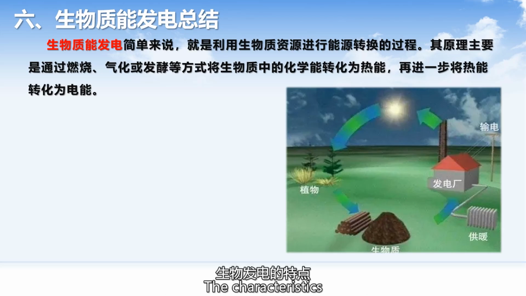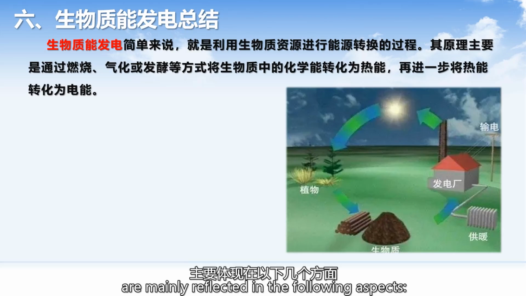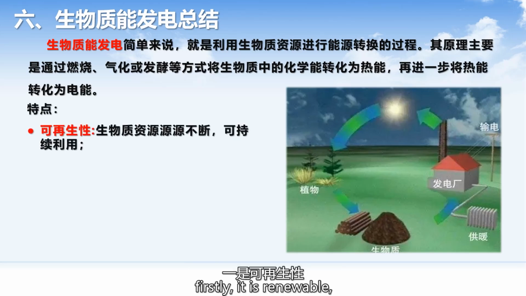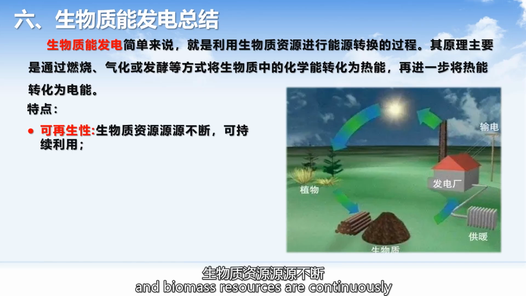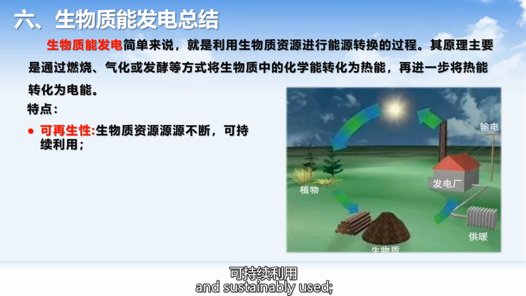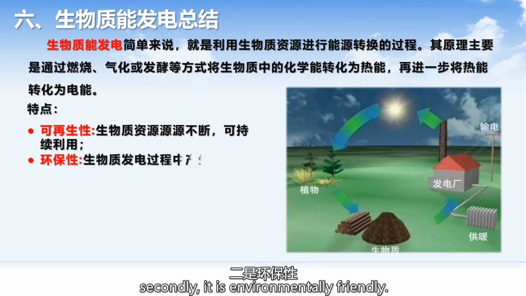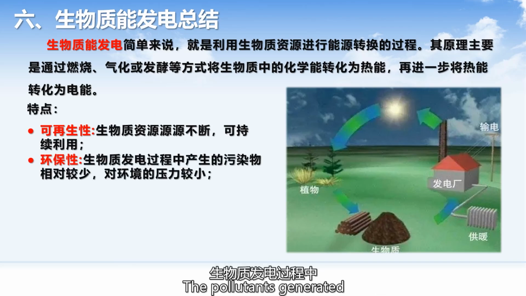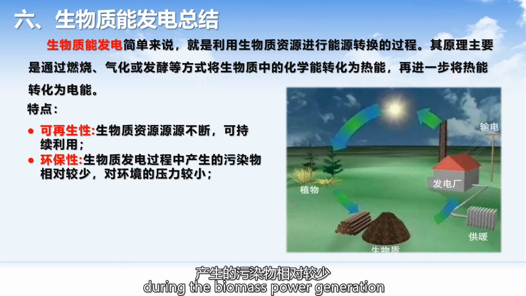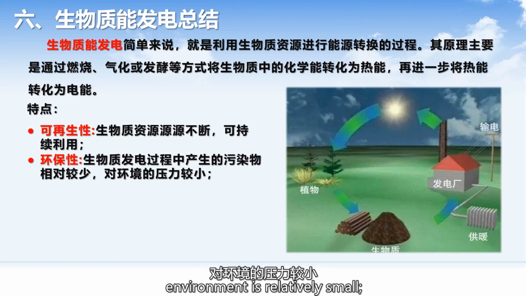The characteristics of biomass power generation are mainly reflected in the following aspects. First, it is renewable, and biomass resources are continuously and sustainably used. Secondly, it is environmentally friendly. The pollutants generated during biomass power generation are relatively less, and the pressure on the environment is relatively small.